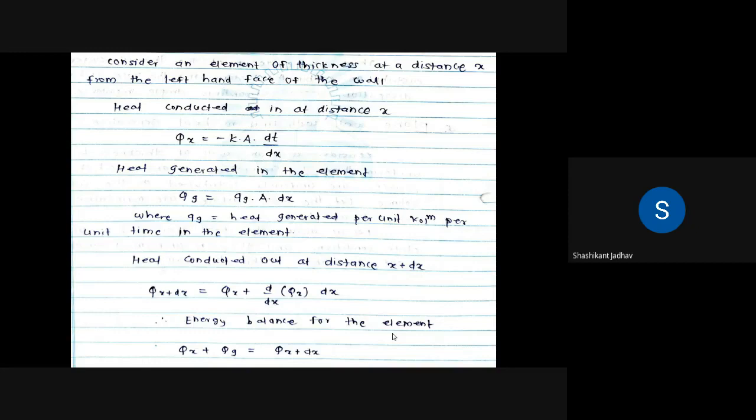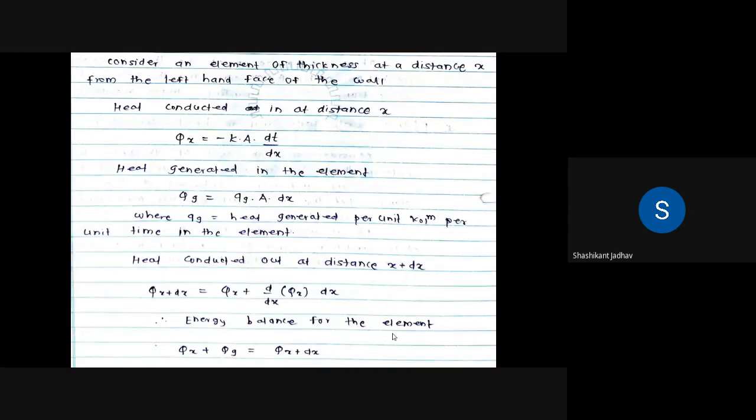So to calculate the heat generated, we have to multiply qg by the volume. Volume is nothing but area into thickness, so A into dx. In that way we have written the equation as capital Qg is equal to small qg into A into dx, because small qg is nothing but heat generated per unit volume per unit time in that element.